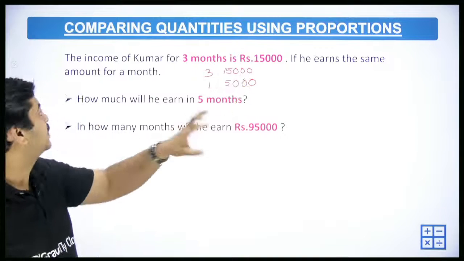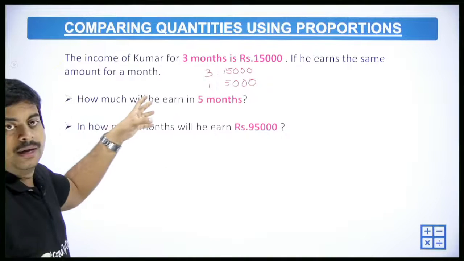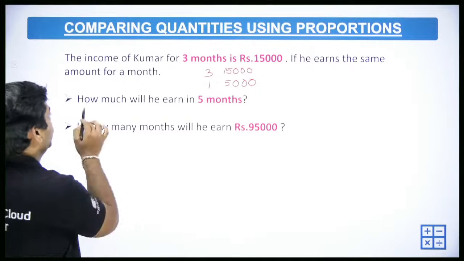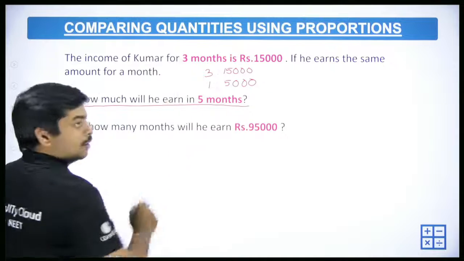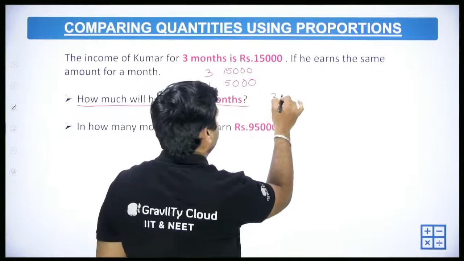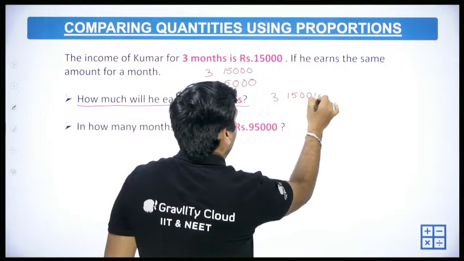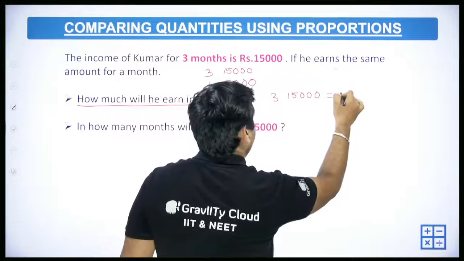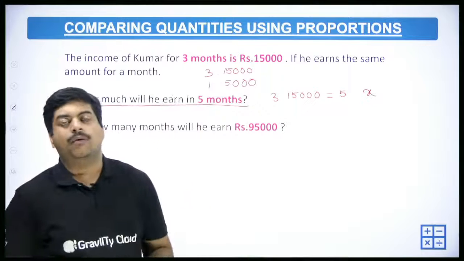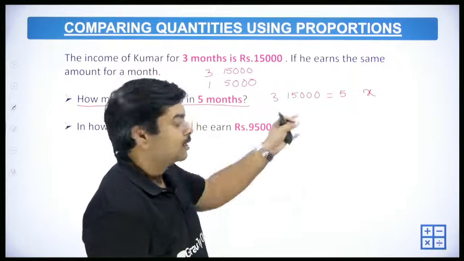And if he earns the same amount each month, how much will he earn in 5 months? For 3 months it is 15,000, which should be equal to 5 months and some X rupees, which we don't know. So how to solve this?